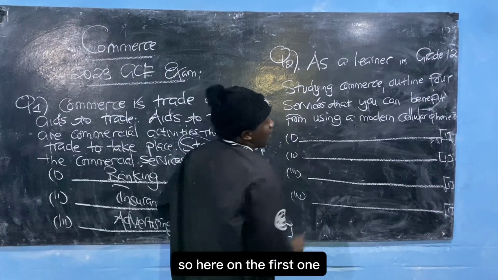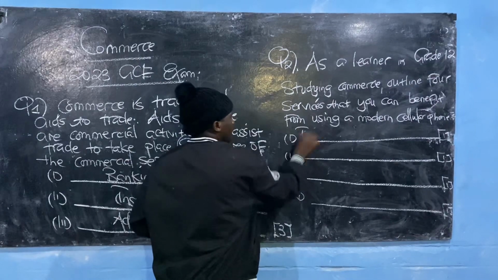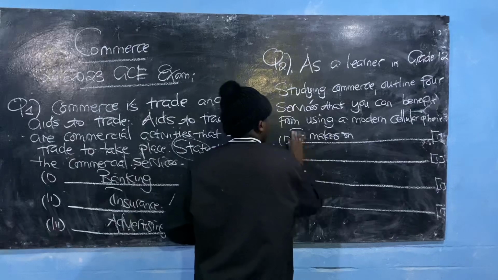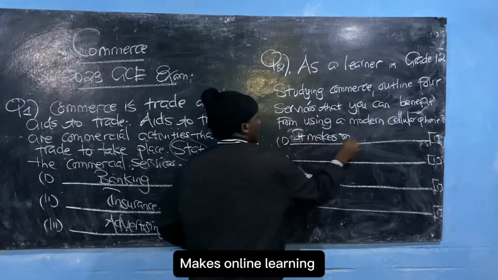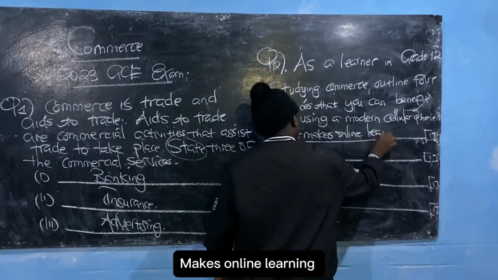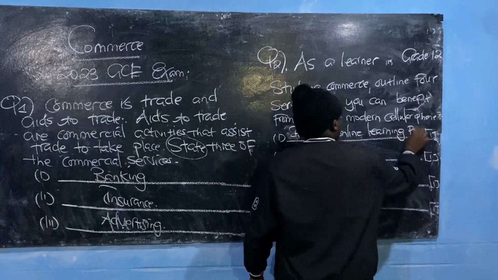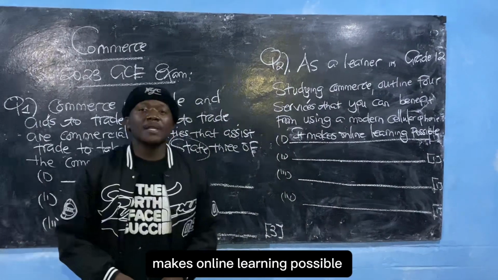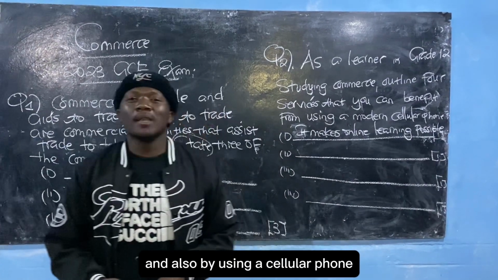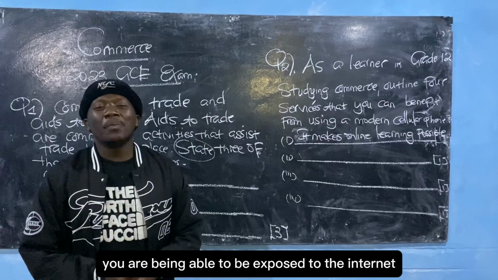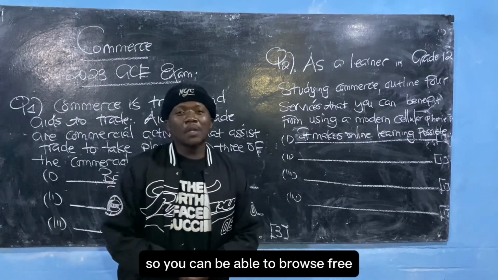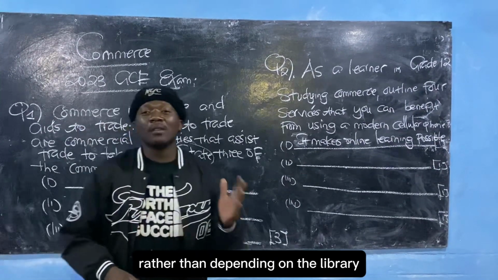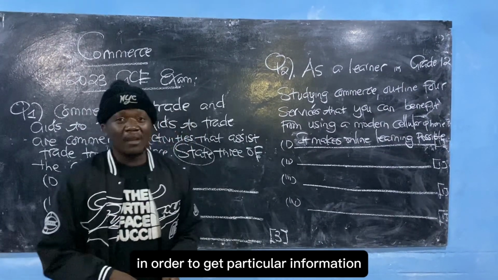So here on the first one, you can say it makes online learning possible. Also, by using a cellular phone, you are exposed to the internet, so you can browse freely and have the information rather than depending on a library in order to get particular information.